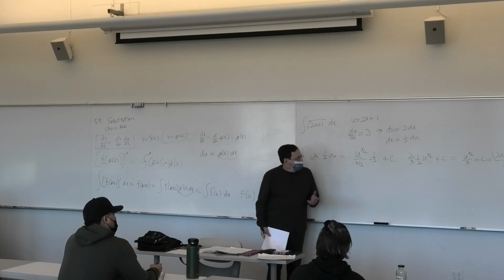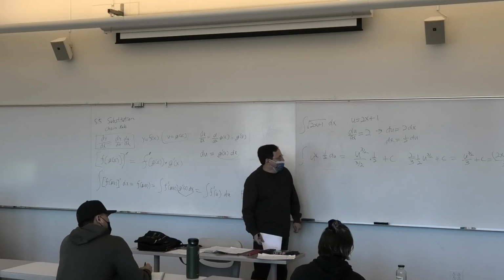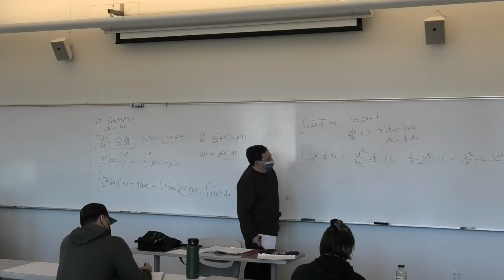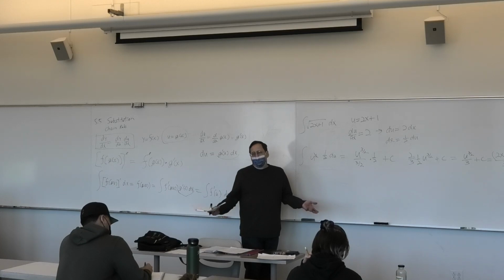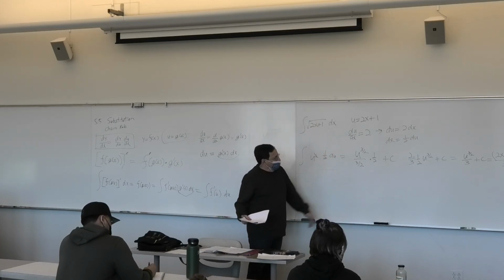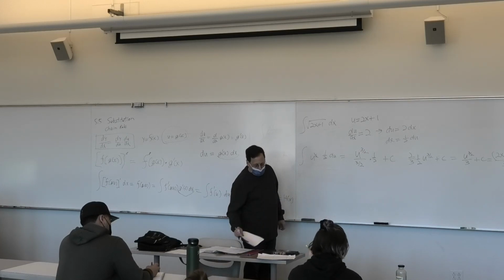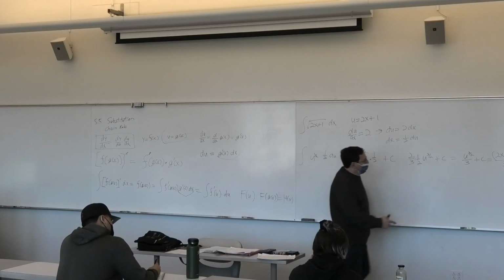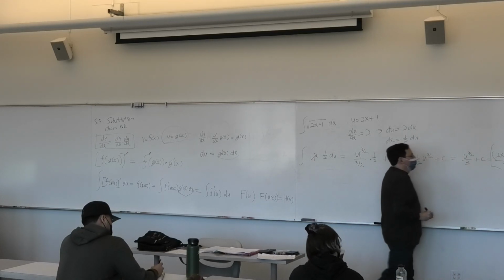Now that seems a little magical, and no. So when you do these, there's a lot of room for minor error, so it's a good idea to check. And we have a straightforward way to check this. We just look at our result and find the derivative.